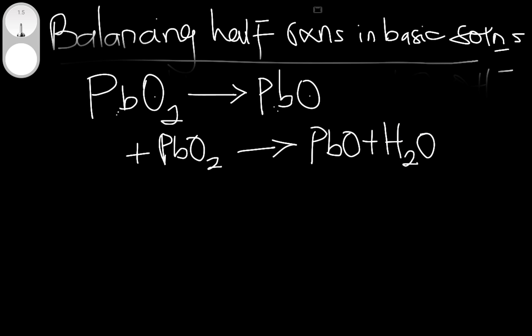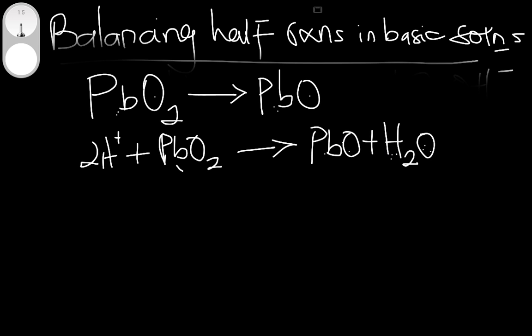So we have two oxygen here, and one lead here, and two oxygen here. So oxygen is balanced, but then we've introduced hydrogen. Let's solve for this hydrogen. Therefore we'll have two hydrogen plus here. Now we've balanced the hydrogen that we introduced, we balanced the oxygen, and we balanced lead.